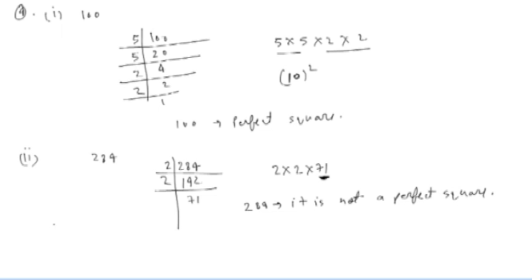So in this way solve the other questions. And now question number 5. Using the prime factorization method, find the square root of the following numbers. So 256, find the square root of this number by prime factorization.